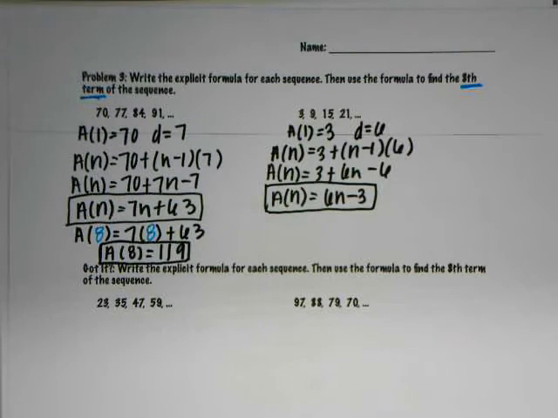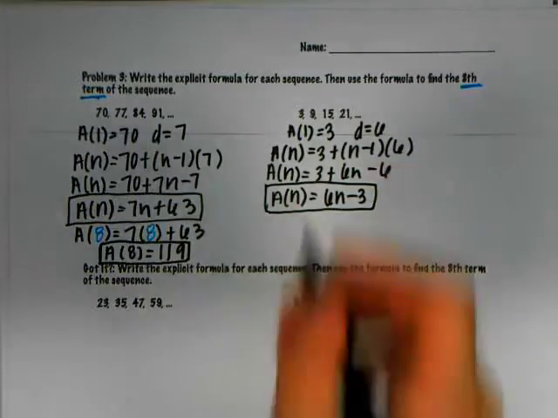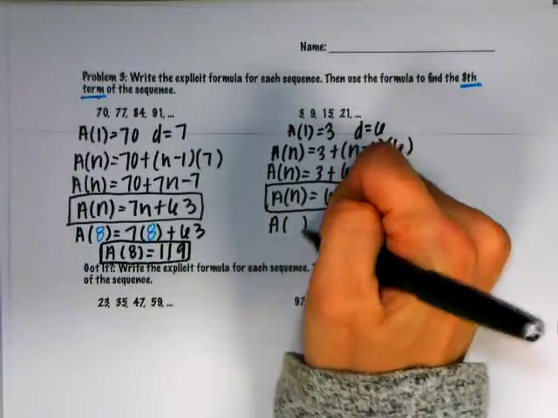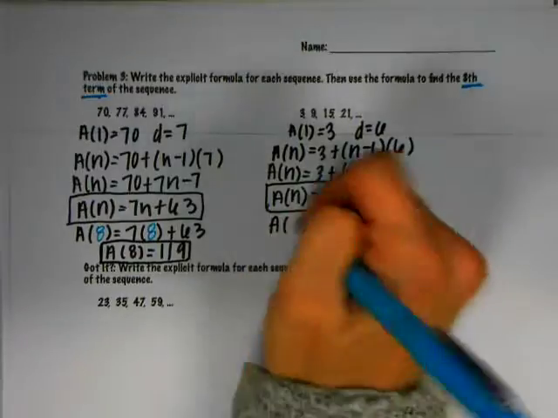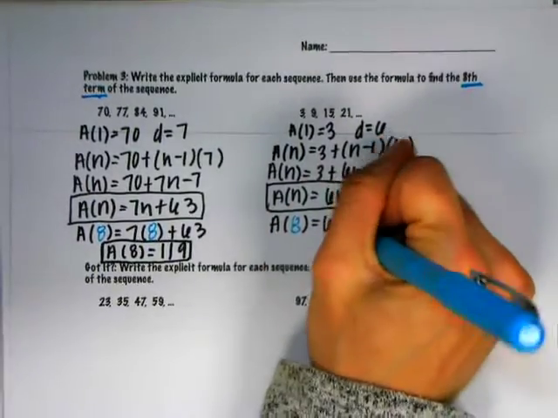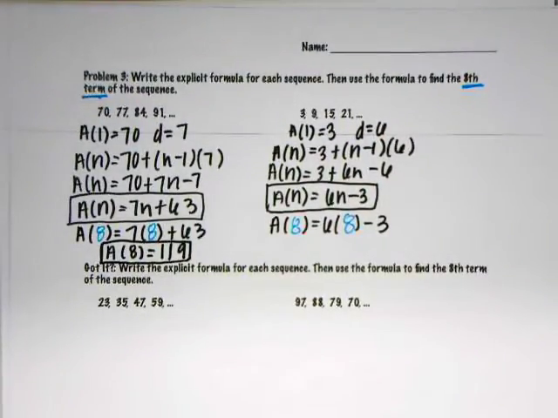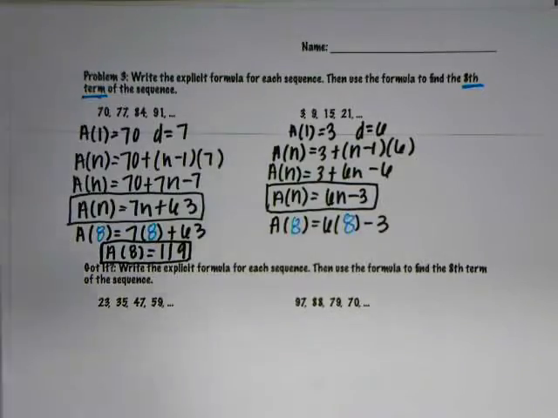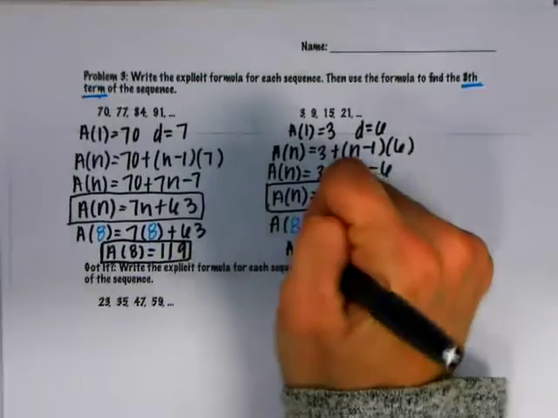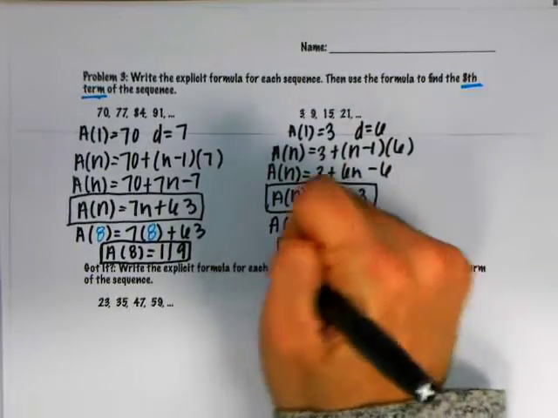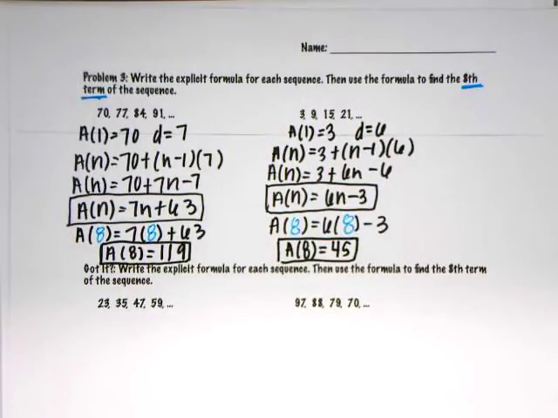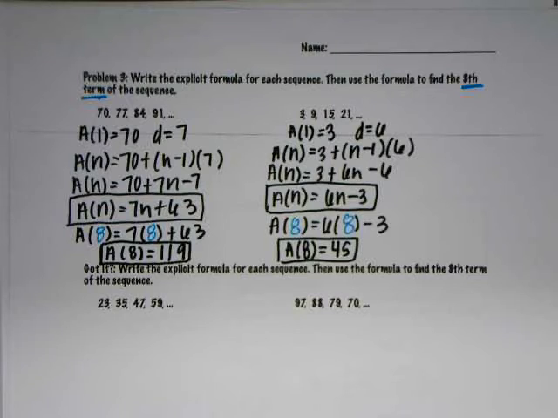And it still wants us to find the 8th term. So plug in 8. So what's my eighth term? 45. Got it? You guys do the got its?